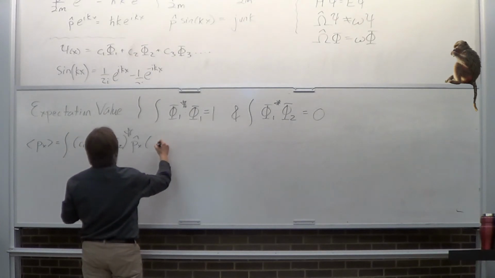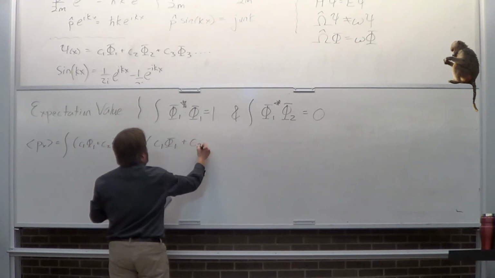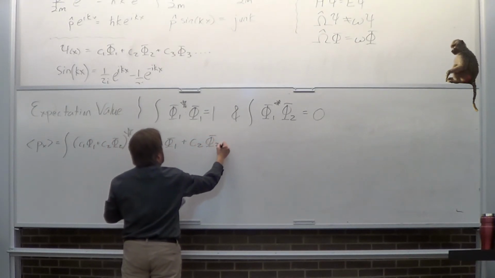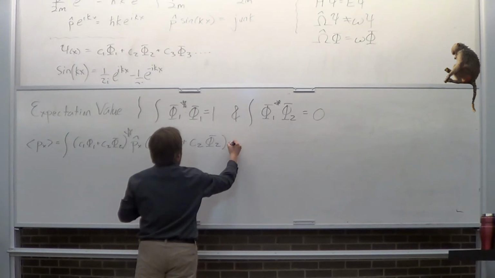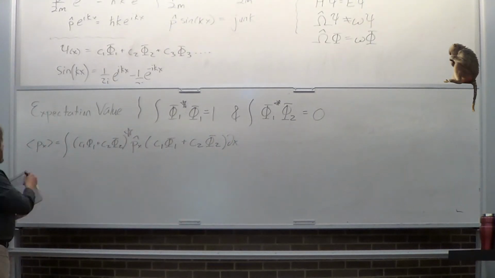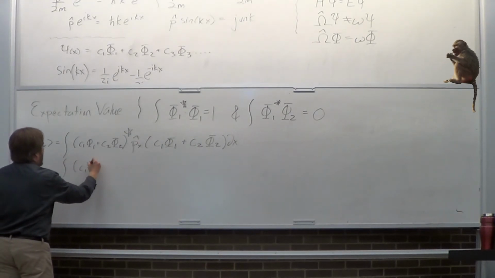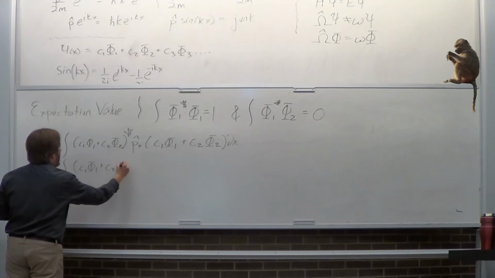Remember, the complex conjugate is there because that's the definition of an expectation value. And the dx or whatever. Okay, next step. Now, I'm not able to do anything with this yet, so this thing stays right here.